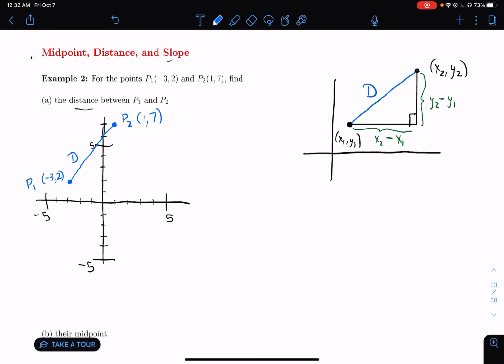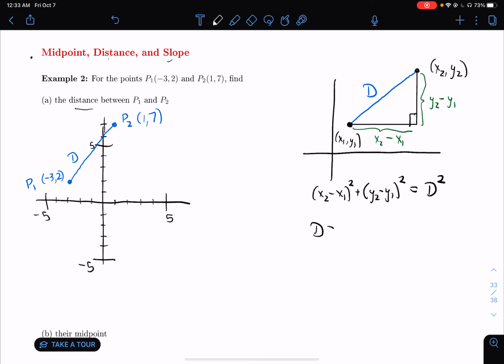If I use the Pythagorean theorem, we get one of the legs, x2 minus x1, squared, plus the other leg, y2 minus y1, squared, equals the hypotenuse, d, squared. If I want that distance d, I just square root both sides.